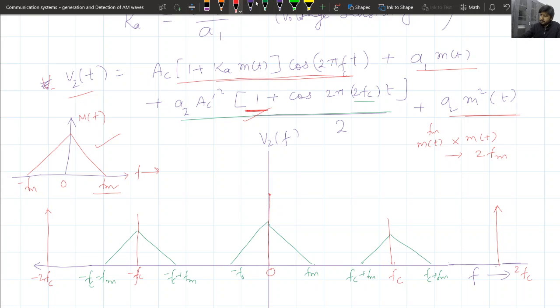So it can be drawn somewhat like this. So this is the frequency spectrum representation of the output signal V2(t).